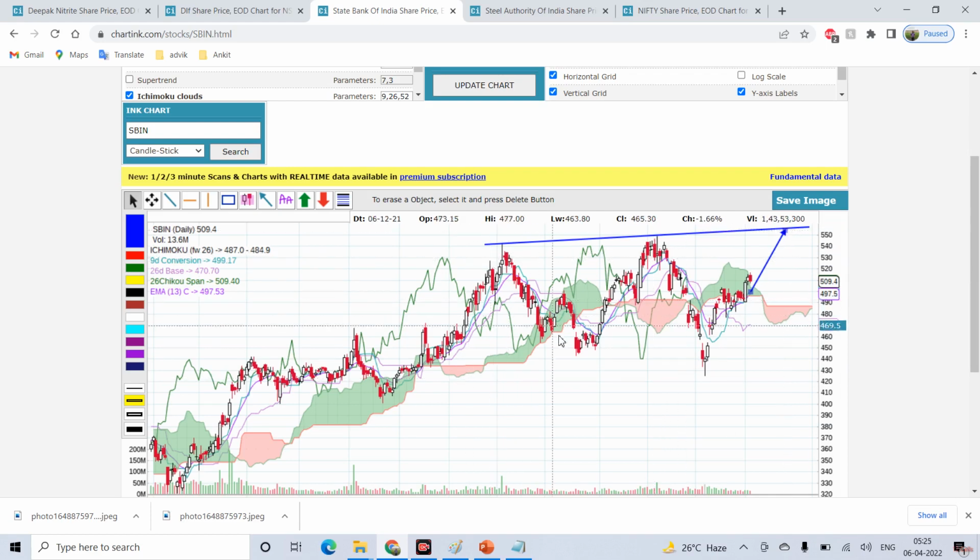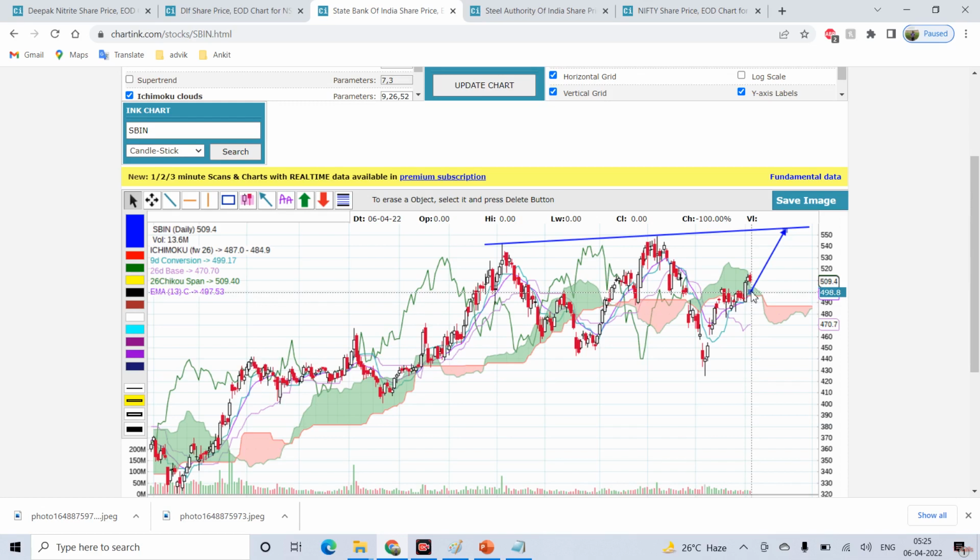If we see, the share made a first lower low of 447, then another low of I think 425, and now it's trying to go higher. So we are here somewhere around 498. If somebody has to get into a trade, he can keep a couple of percent down as a stop loss.